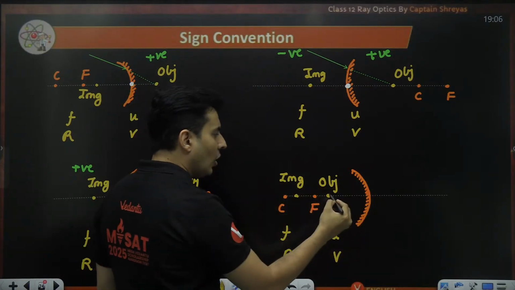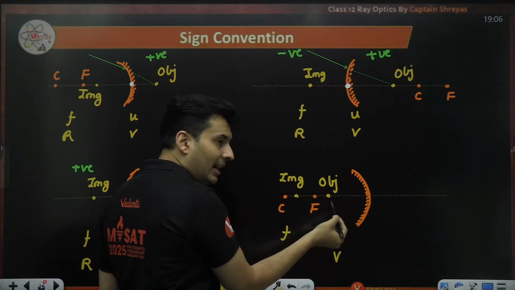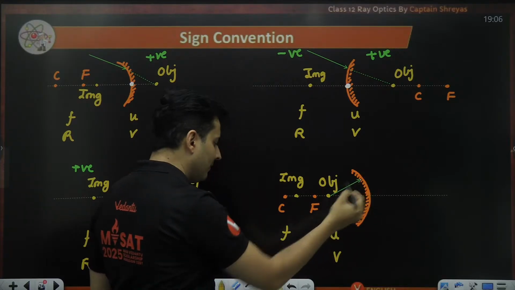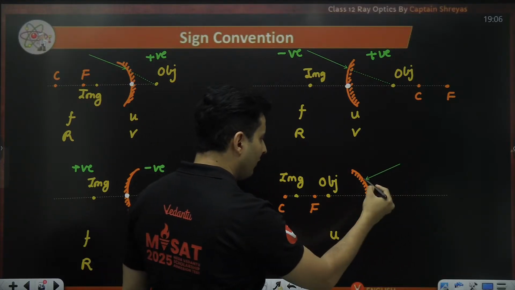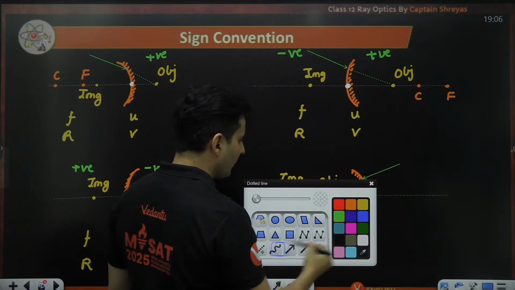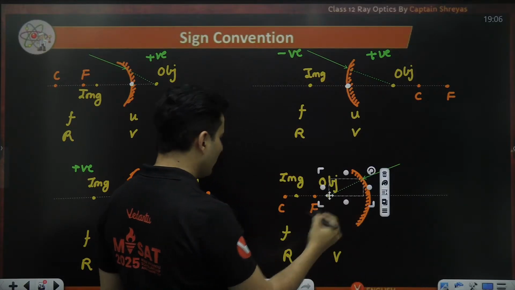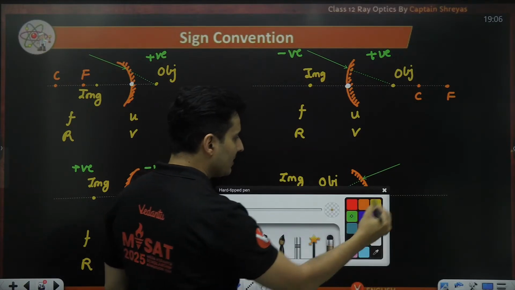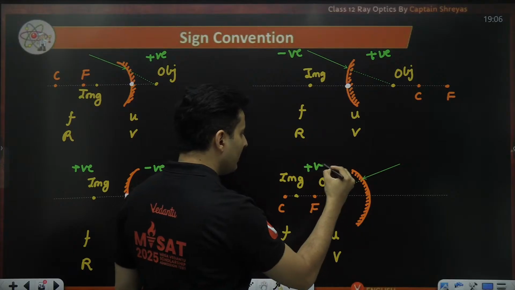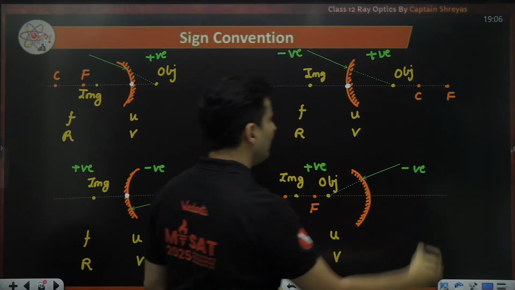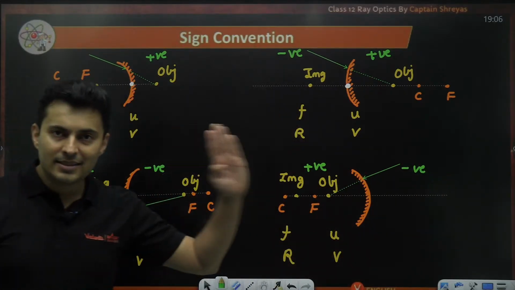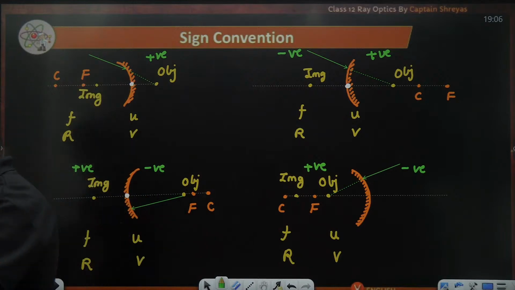Look at this. The object is behind the mirror, so it can't emit rays and get reflected. So the rays will actually be falling onto it like this. That means this side will be positive and this side will be negative. Is this part absolutely clear?